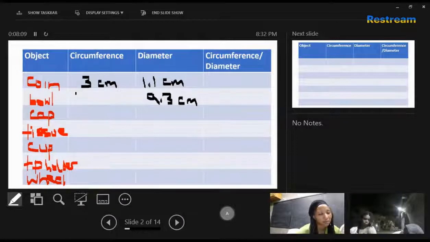For the circumference, I have 30 centimeters. 30 centimeters.